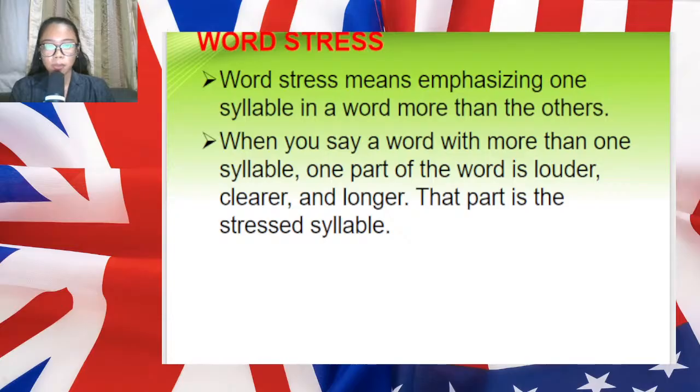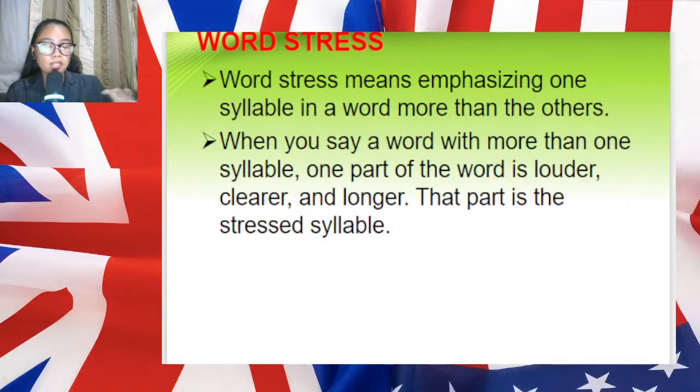So here, word stress means emphasizing one syllable in a word more than the others. When you say a word with more than one syllable, one part of the word is louder, clearer, and longer. That part is the stressed syllable.